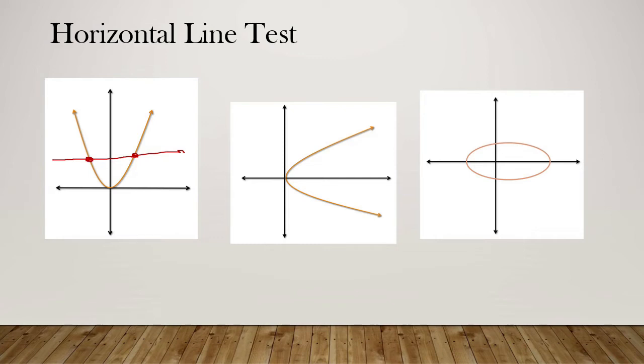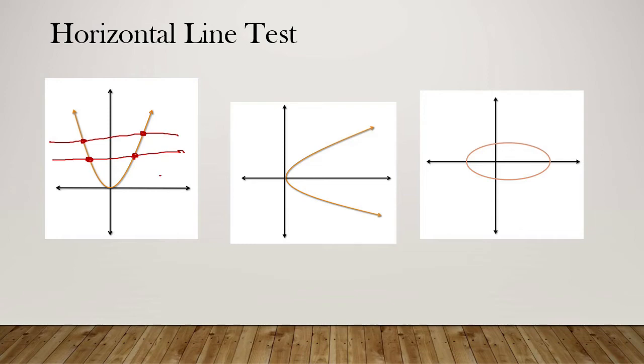This one and the other one. So there are 2 points of intersection after drawing the horizontal line.